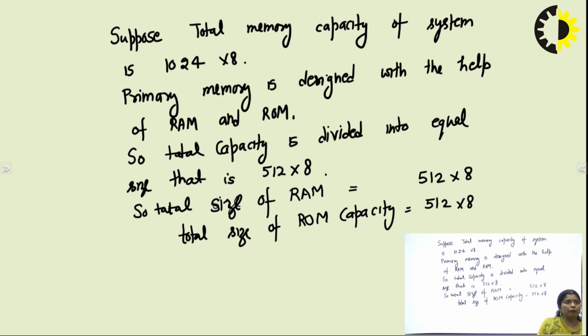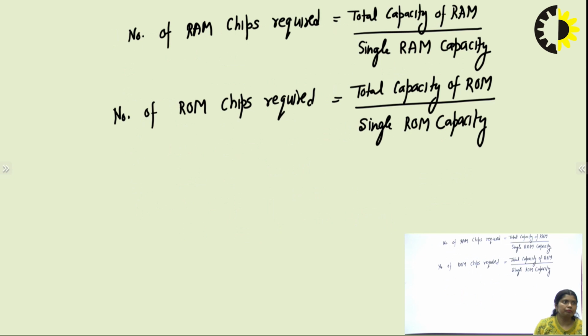So the total capacity can be divided into two parts: the size of the RAM can be 512 cross 8, half of the total memory capacity, and the size of the ROM is 512 cross 8.